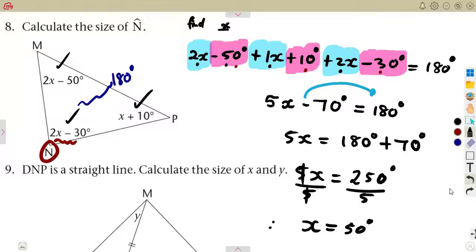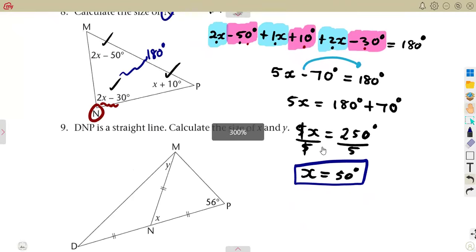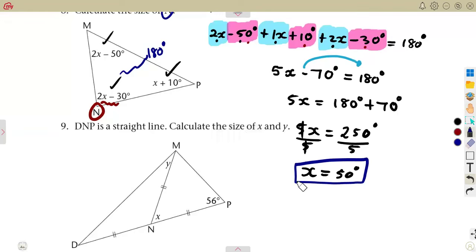Okay, so if this x is 50 degrees, what about the angle n that we are given? You see, it was not part of our question, but we had to calculate this x using the angles in a triangle. So for that x, our angle n is going to be, as you can see, 2x minus 30.